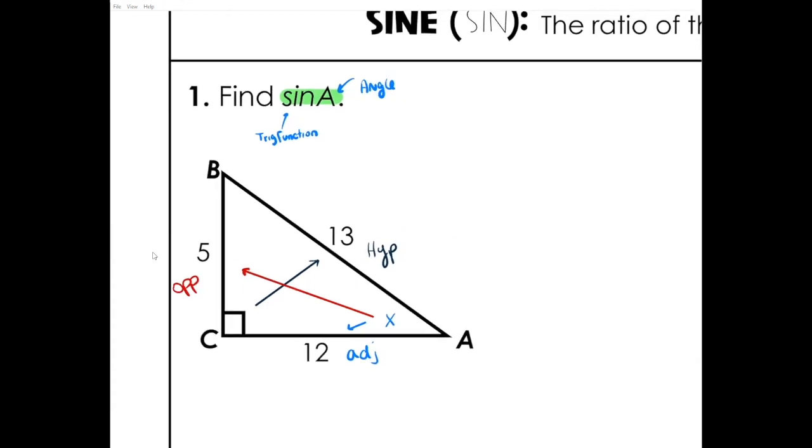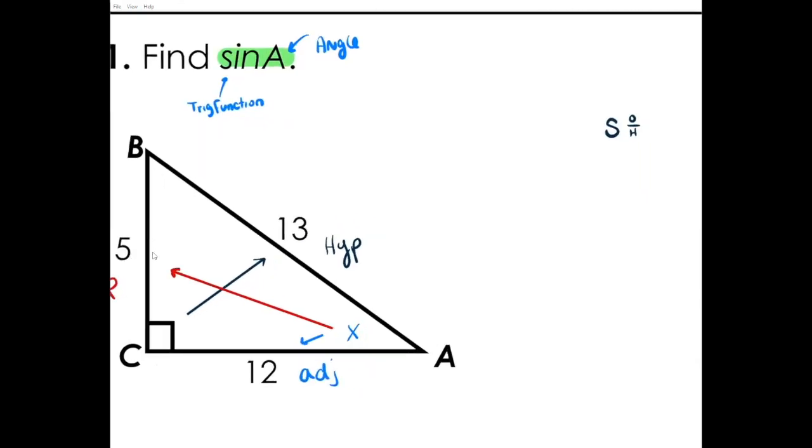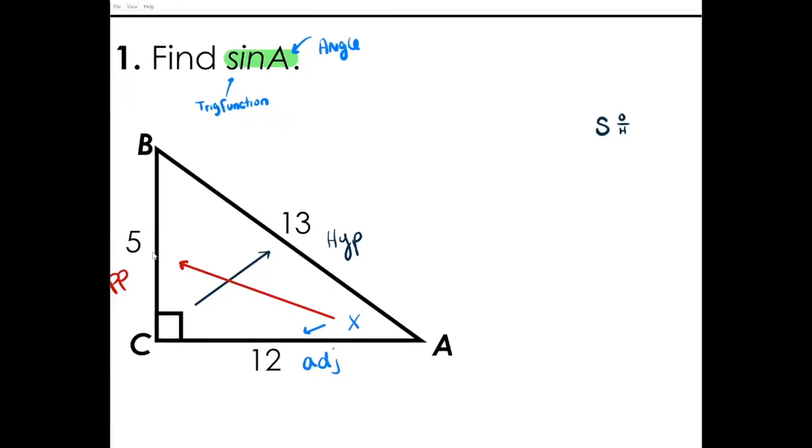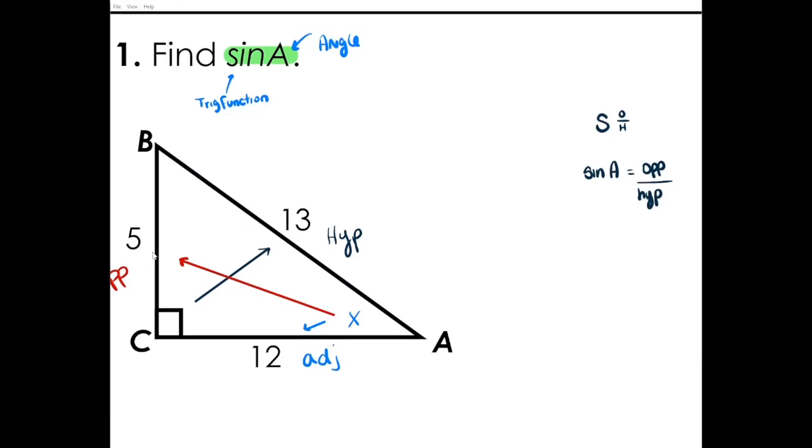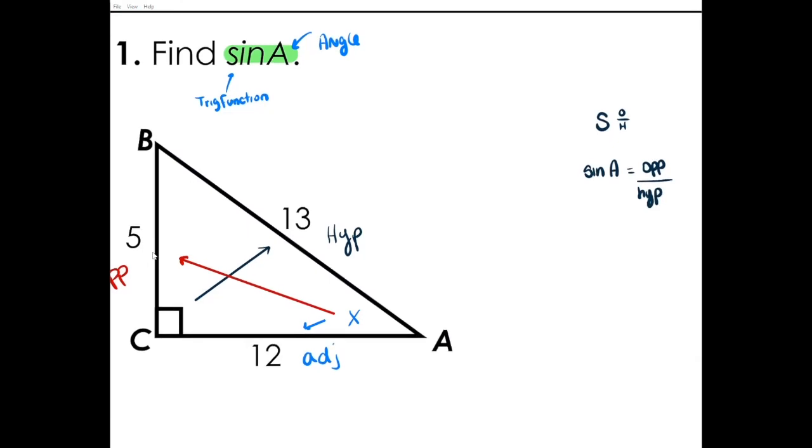So we're finding the sine of A. We're going to look at our handy dandy trig function, S-O-H, okay? Not Ohio State, sorry guys. So sine of A equals the opposite side over the hypotenuse. Now we're just going to substitute our given values.